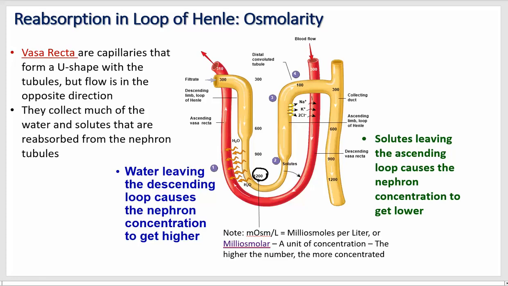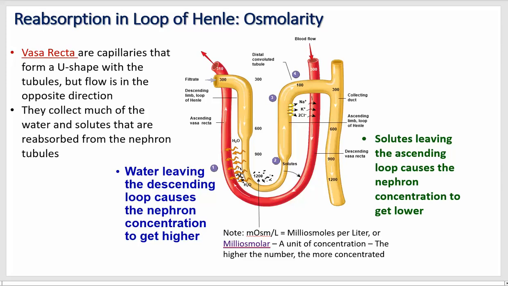That's your milliosmolar. A high number means that it's very dirty, murky, thick, but it's got a lot of particles in it at 1200. Water loves it. Water wants to go out where all those particles are, and that's what pulls the water out.